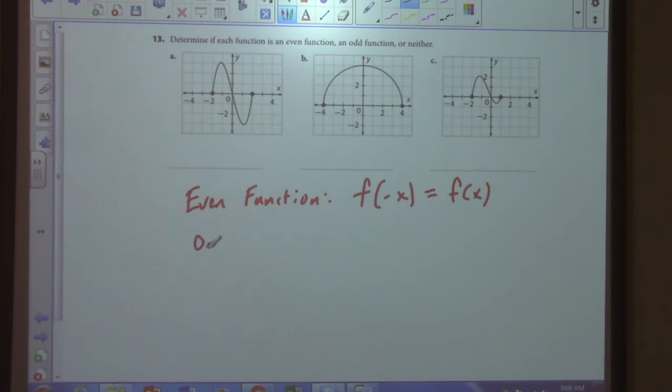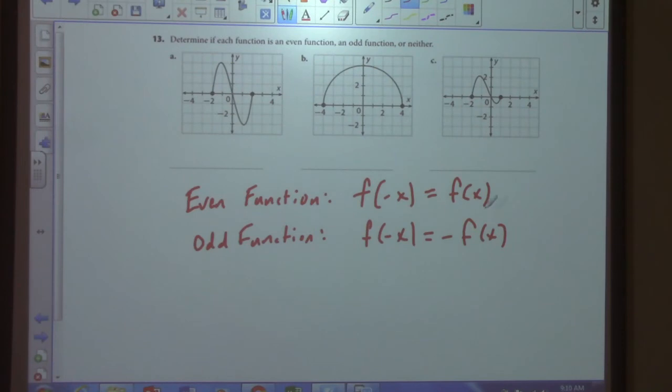An odd function has another definition. No, I gotta say it differently. f of negative x equals negative f of x.